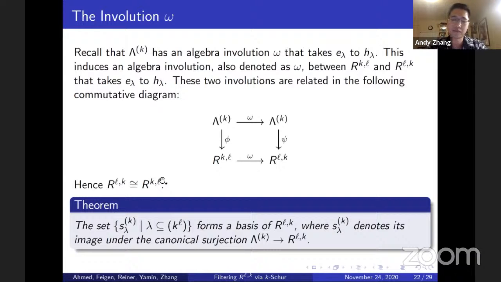And we also note that RLK is isomorphic to RKL. That's because the Grassmannian k plus L is homeomorphic to the Grassmannian L k plus L. So these k-Schur functions enjoy the property that they form a basis of RLK.